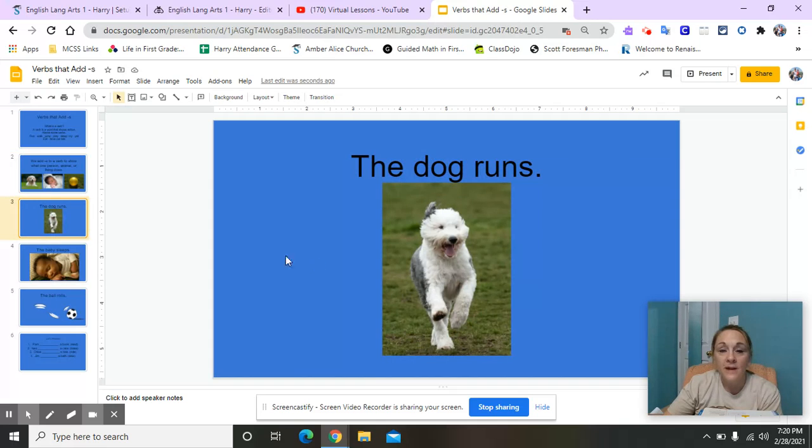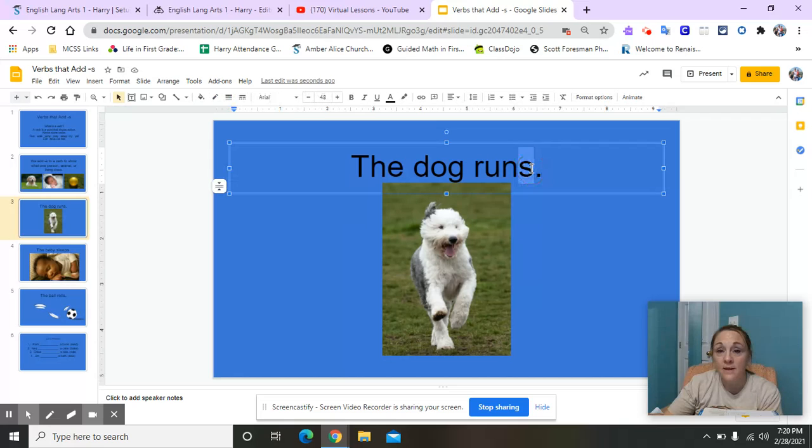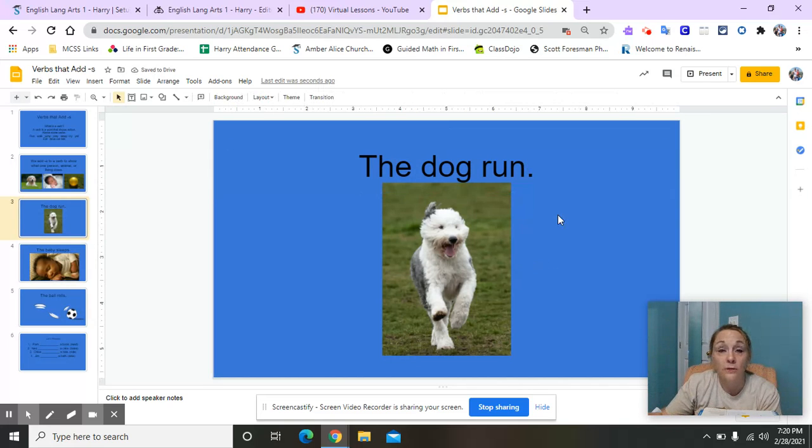So here's our first example. Read this sentence for me. The dog runs. We add S to the verb run because it's one dog, and when one dog runs, we have to add S, because if we did not have the S, it would say the dog run.